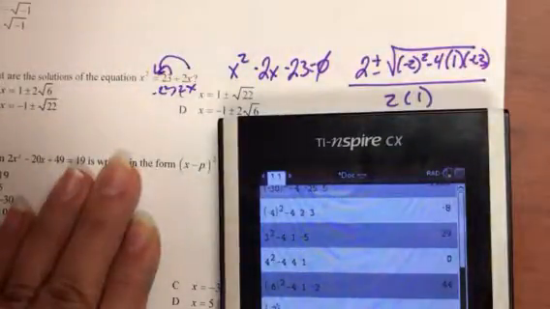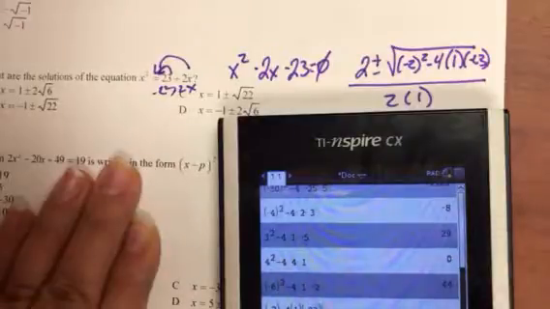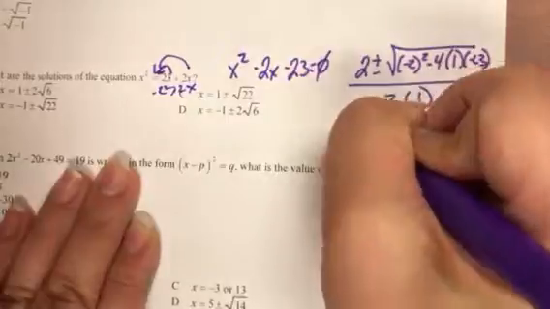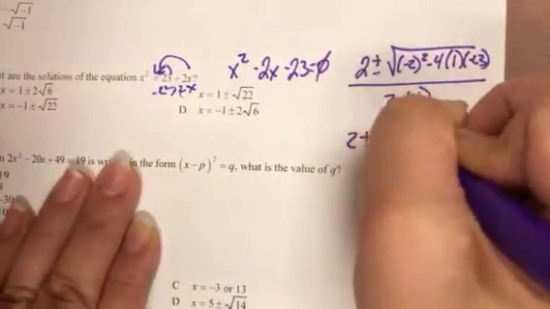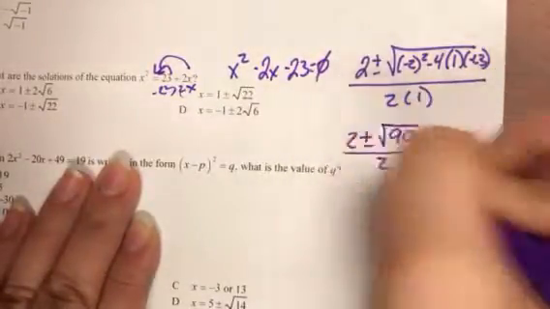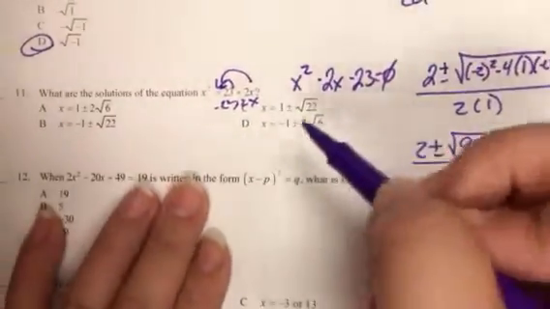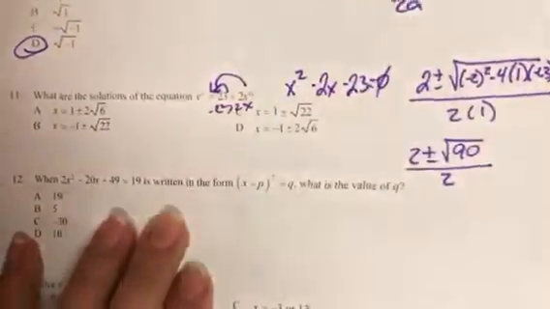Parenthesis -2 minus 4 parenthesis 1 parenthesis -23. I get 90. So I have 2 plus or minus the square root of 90 over 2. Look at my options. I have a 22 and a 6.